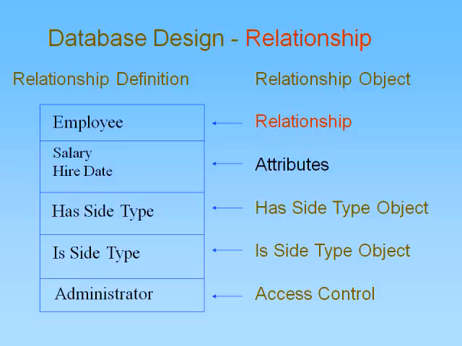We also define what type of entity objects could be on the has side, that is, owner's side, and what type of entity objects could be on the is side, that is, owned side. When instantiating a relationship object, we select a relationship and then select a has side object and is side object, add attribute values as necessary, and then connect them.